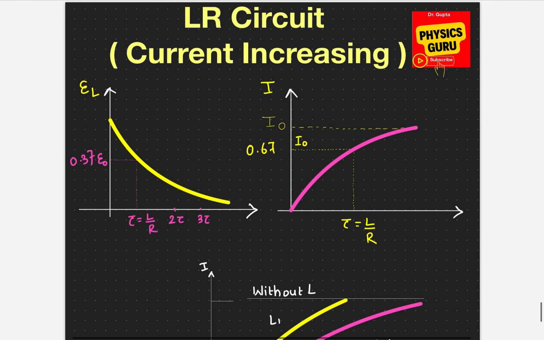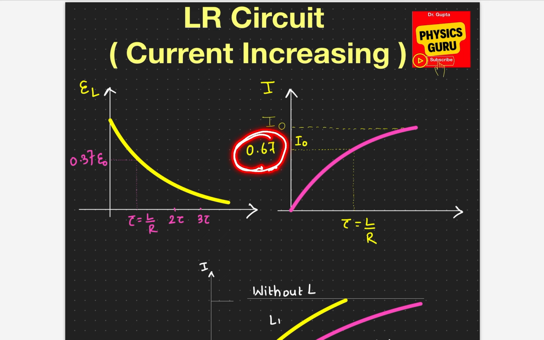All right, so now if you look at the voltage across the inductor and the current across the inductor, that's how it looks. As time passes by, the current starts increasing. This is an exponential growth. The time constant means how long it takes to reach 67% of its maximum value.